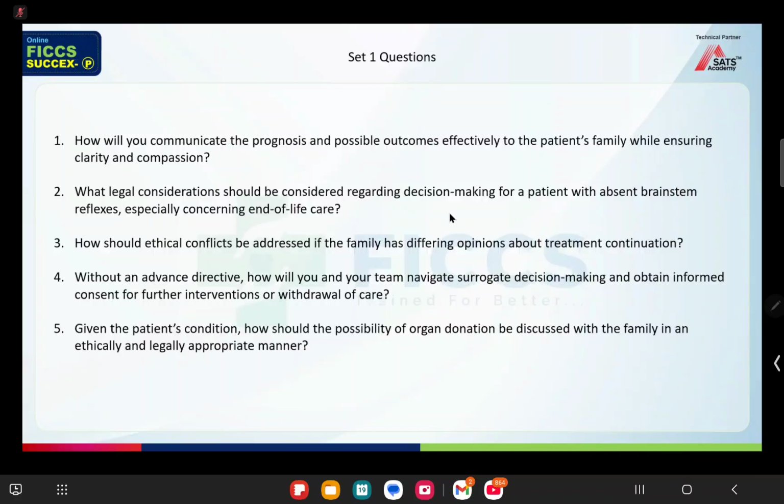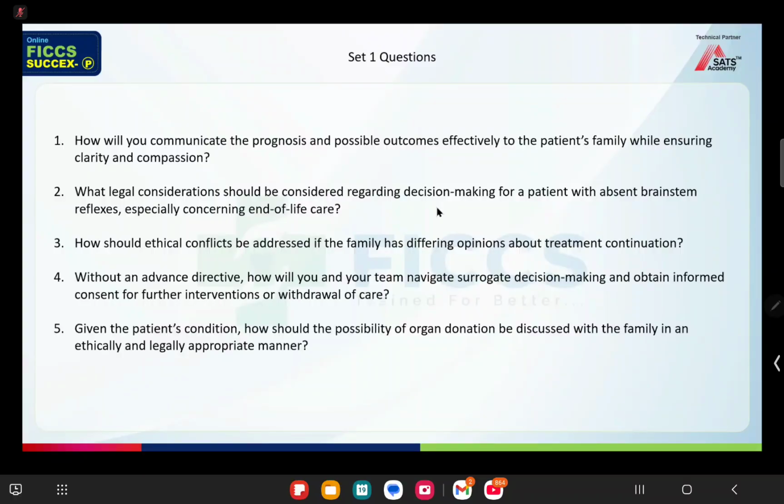This is very clearly to be told to them. And obviously there is a family who is going to bring the patient to you. I have to do this in a very empathetic way and ensure that the family understands at the same time.